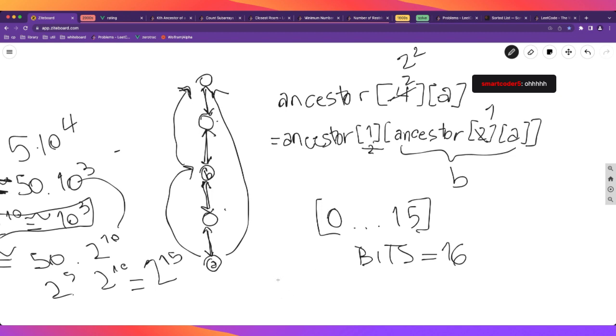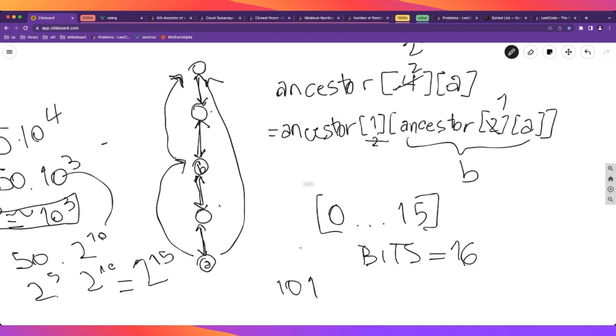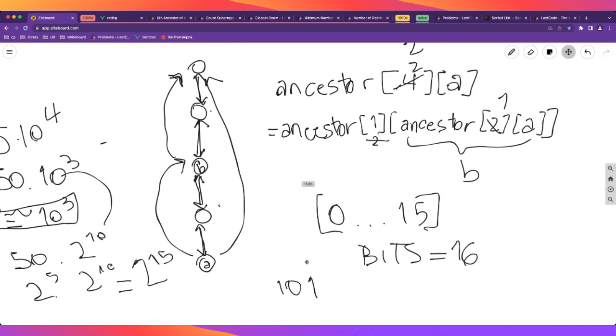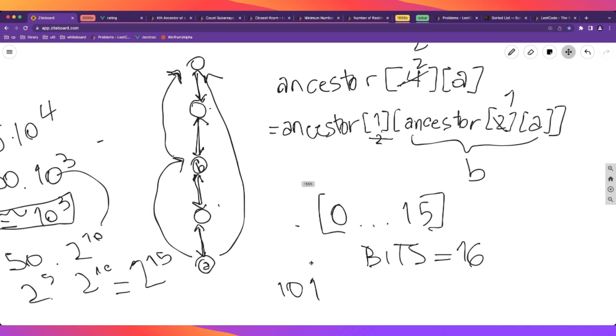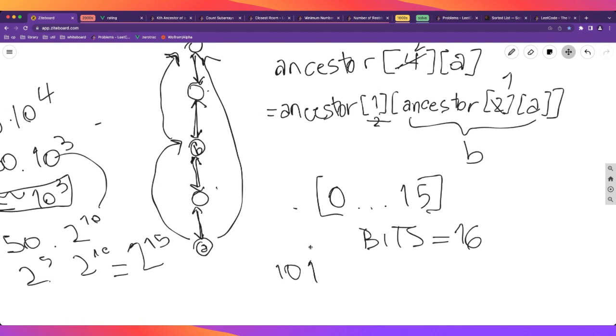So here, in binary, 5 is this. This is bit 0, bit 1, bit 2.